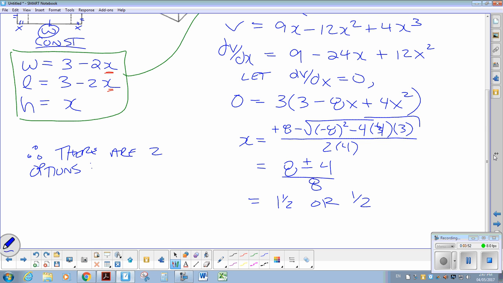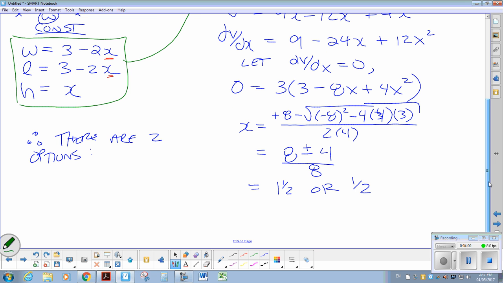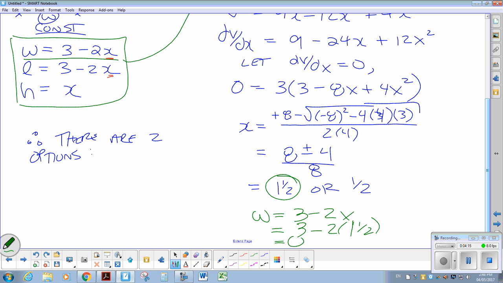When you go to check, this is kind of funny here. So let's say the width from up here says 3 minus 2x. If we plug 1.5 in here, that's equal to 0. So that is minimizing the volume completely.